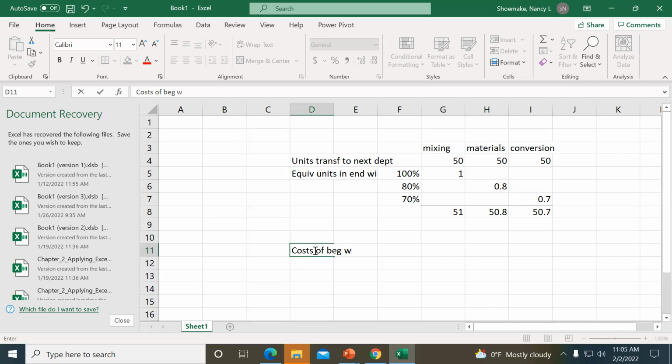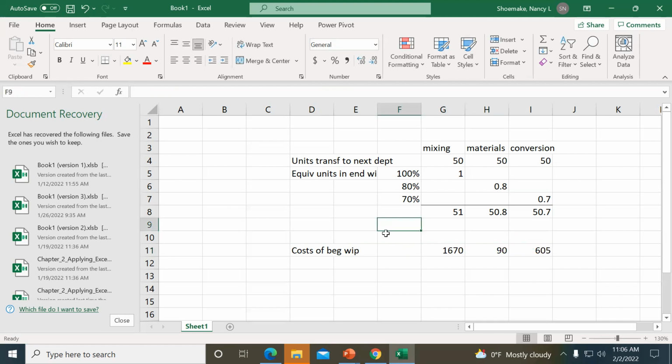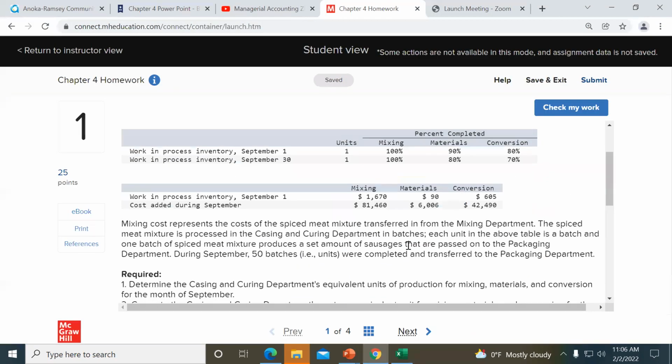I'm just going to say cost of beginning WIP, work in process, okay? Mixing was 1,670, materials was 90, and conversion was 605. Where did we get that? See, 1,670, 90, 605.